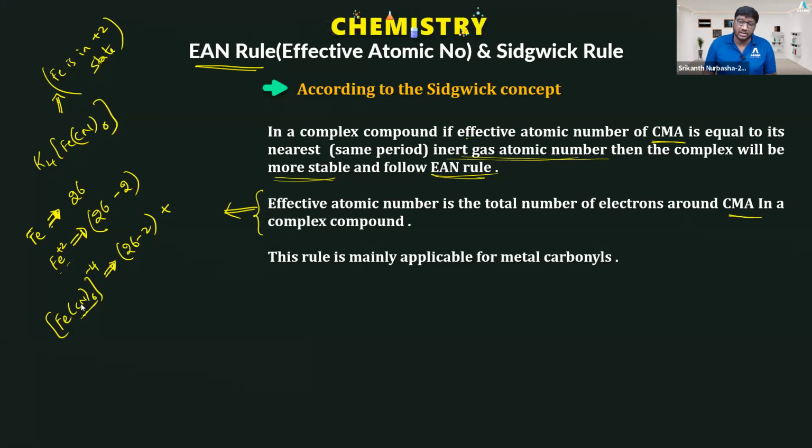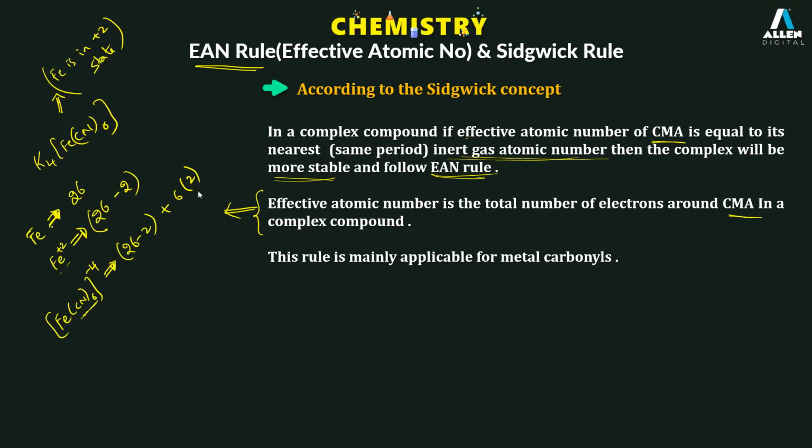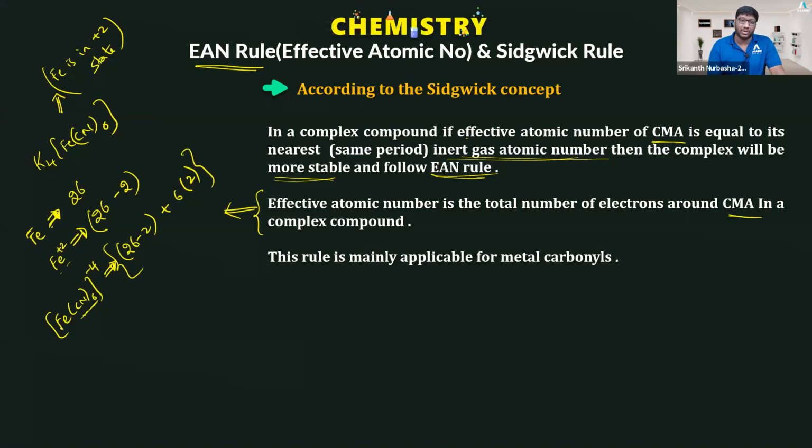Every cyanide will be giving 2 electrons. We have 6 cyanides, so 6 into 2, 12. So this is the number of electrons around the central metal atom or not? Got it now? Effective atomic number is the total number of electrons around the central metal atom in a complex compound.